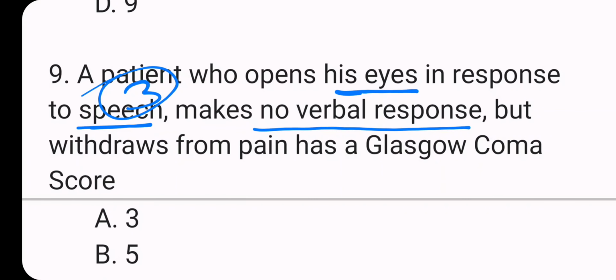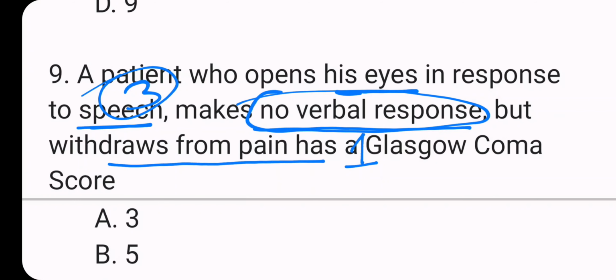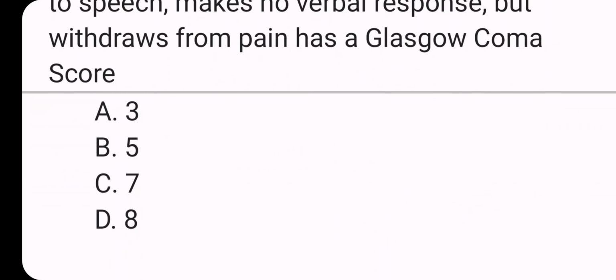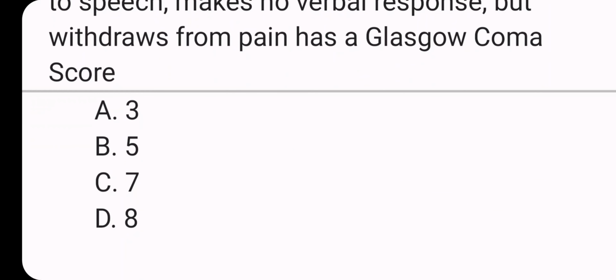No verbal response means verbal response is none, with a score of 1. Withdrawal from pain, withdrawal means a score of 4. That means 3 plus 1 plus 4, having value 8. The right answer will be this.